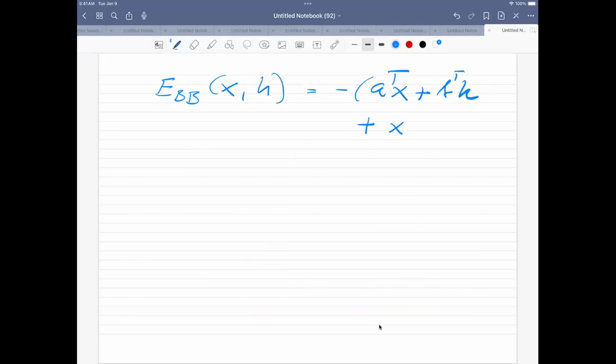Plus the transpose of the vector X multiplied with the matrix W and multiplied with the vector H. So this is the more compact notation for the network model.